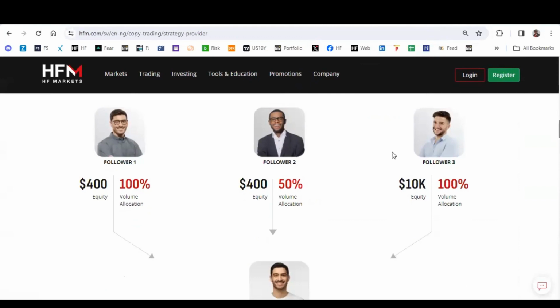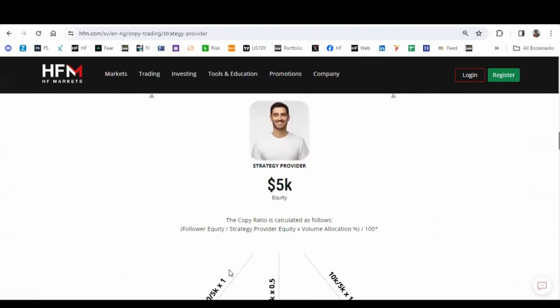You notice follower one has $400 equity, follower two has the same $400 equity, follower three has $10,000 equity, yet the strategy provider himself only has $5,000. So you can also follow, it doesn't matter the balance that you have. It doesn't have to be the same as the strategy provider. It can be less, it can be more, it can be the same if you think that's what's best.